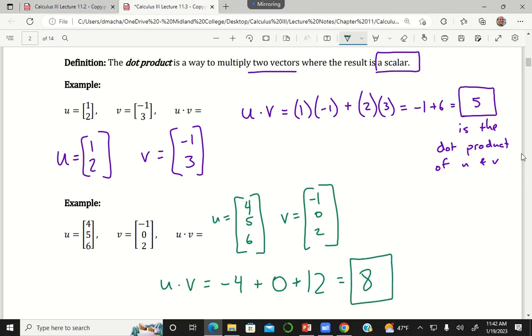So 8 is the dot product of u and v in that second example.